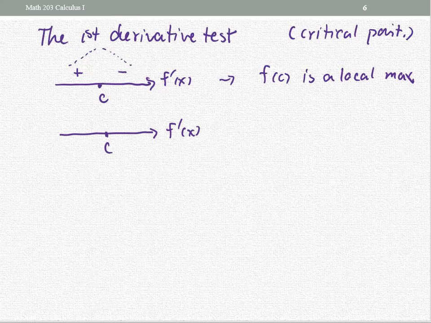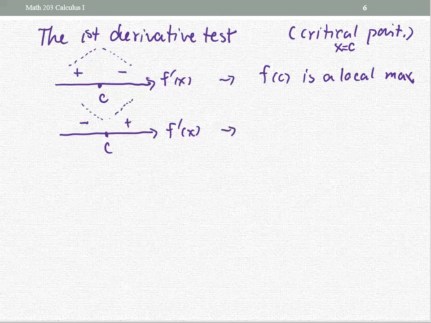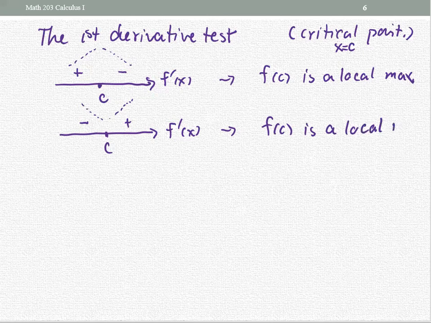At the critical point c, x equals c here, if the sign changes from negative to positive, again, negative slope means the graph is decreasing and positive slope means it is increasing. That means by the first derivative test, f of c is a local minimum.